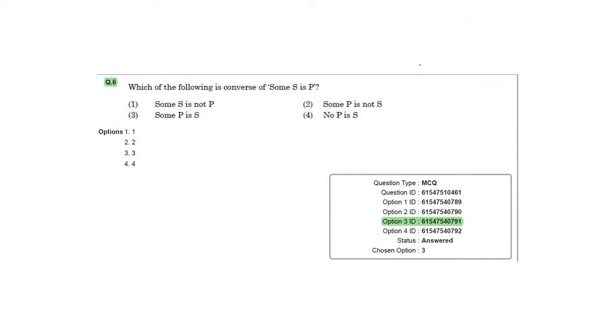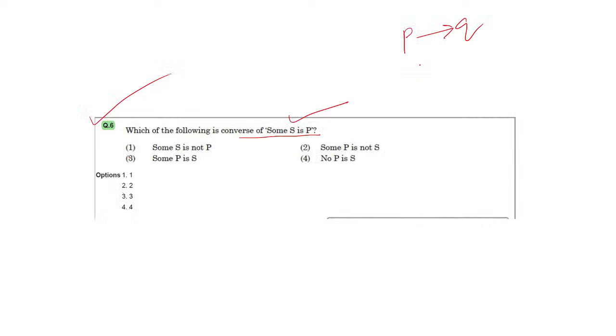Option 3. Yes. Some P is S. Converse means just Q implies P. Yes.